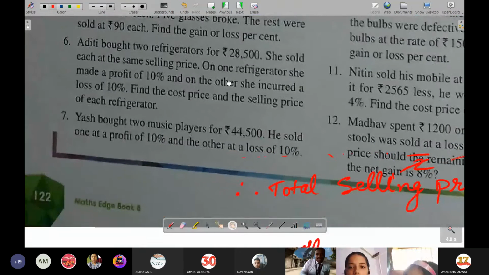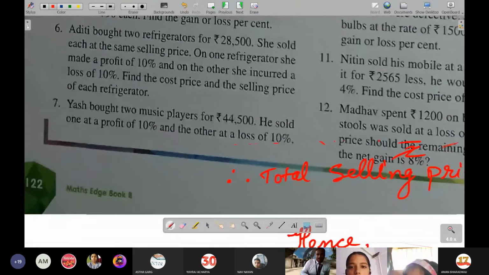So you see over here, Aditi bought 2 refrigerators for rupees 28,500. That doesn't mean both cost prices are half. She sold each of them at the same selling price. Now say the selling price is same, it has been given.